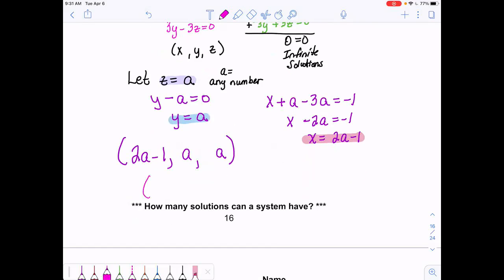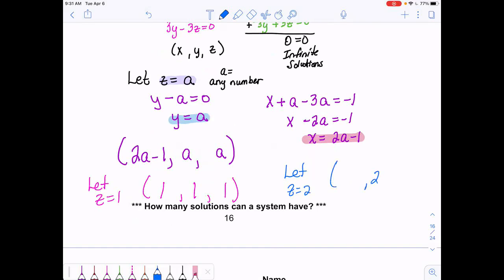So if I say, let's make z be 1. If z is 1, y is 1, what must x be? 1. Now I have a solution. But I could also say, let's let z equal 2.